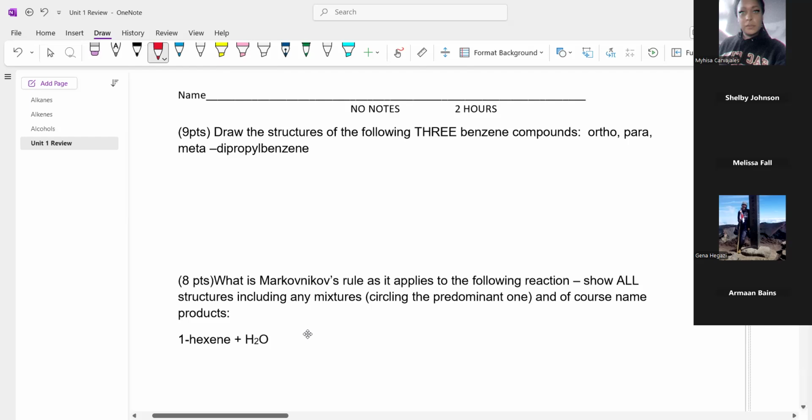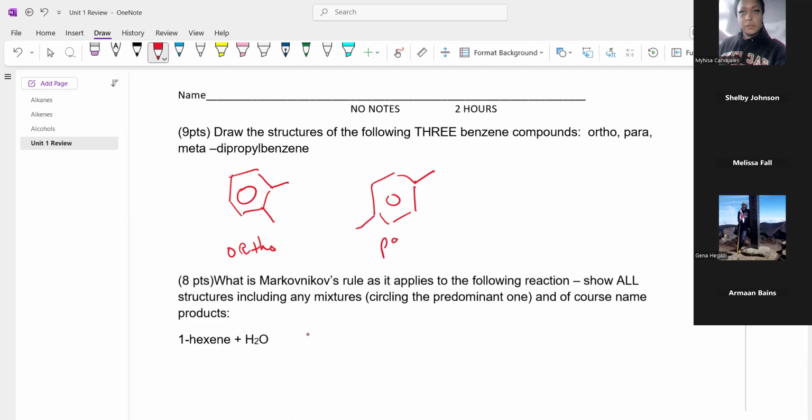So if they are together, that's called ortho. If they're opposite, that's called para. And then if they're one apart, that's called meta. So this would be ortho dimethyl benzene.